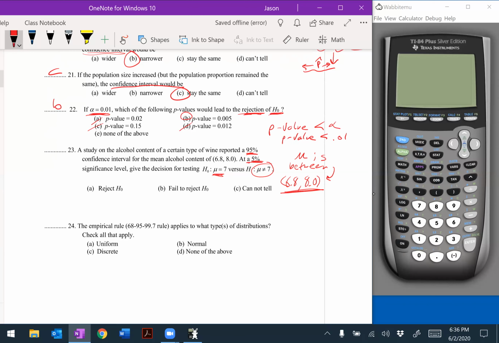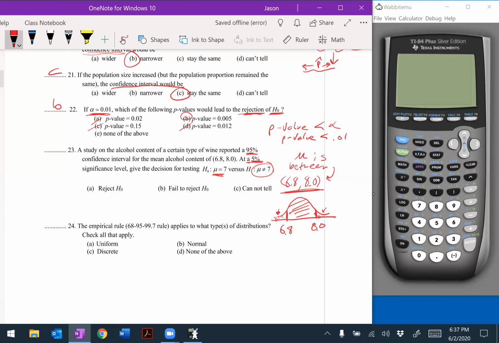Okay, so at a 5% significance level, which is the area of rejection, if we have a 95% confidence interval going from 6.8 to 8.0, that's the same thing as having a 5% area of rejection for a hypothesis test.